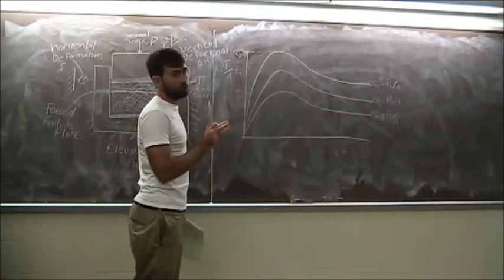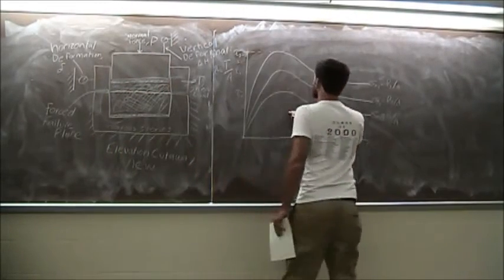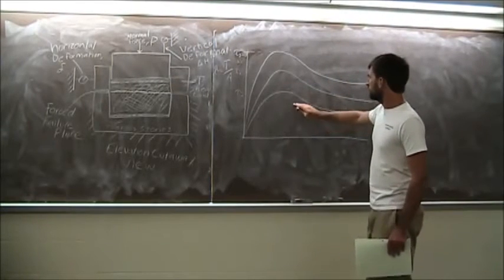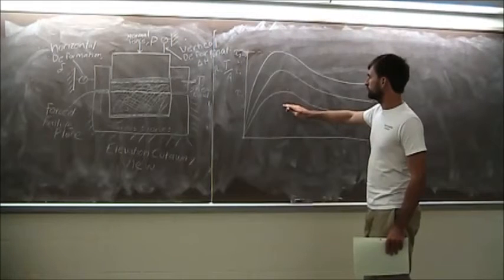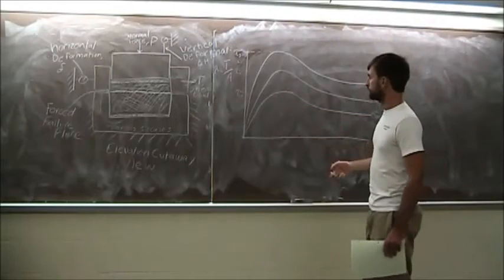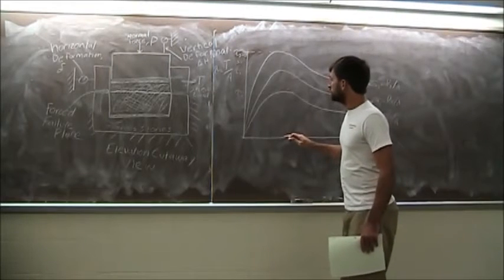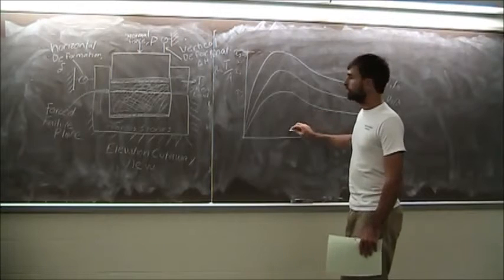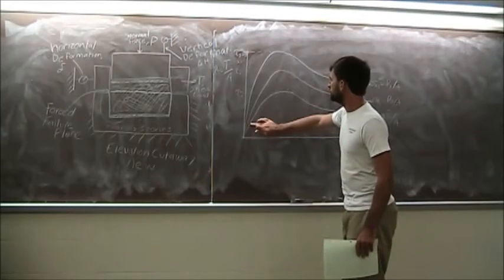I want to point out one thing before I move on about this behavior where it peaks and then comes back down. If you remember back to your Physics 1 course, there's a thing called dynamic friction and static friction. And dynamic friction is always lower than static friction. And this is similar behavior to what we're seeing here. Nothing's moving up to here.